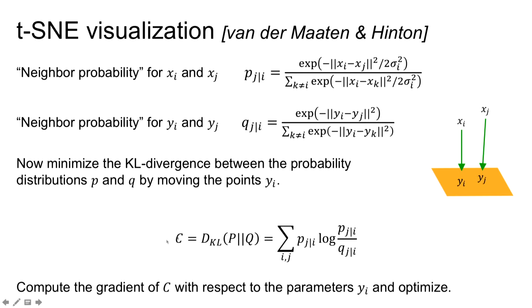We can compute gradients with respect to the parameters, which are the points yi, and use SGD or whatever we want to use to minimize that divergence. Does that make sense? And the end result will be some sort of embedding of the points, such that the points that are nearby upstairs are nearby downstairs.